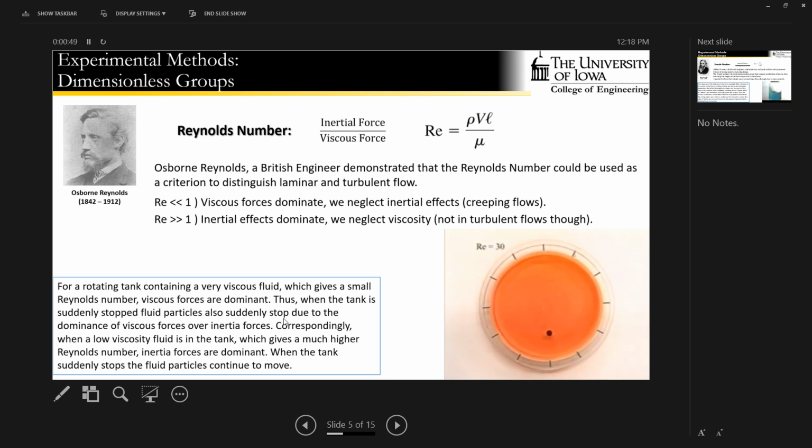At a higher Reynolds number, we have this continued inertial motion. And at very large Reynolds numbers, we start to see that viscosity basically doesn't do anything for us. I thought it went on to even higher Reynolds numbers. Okay, I guess not.